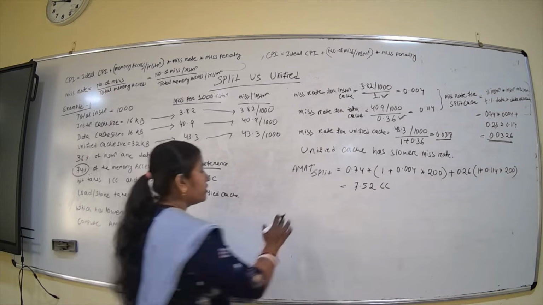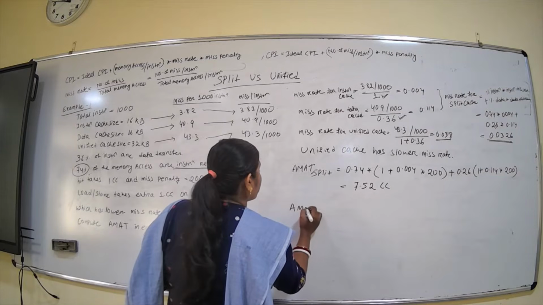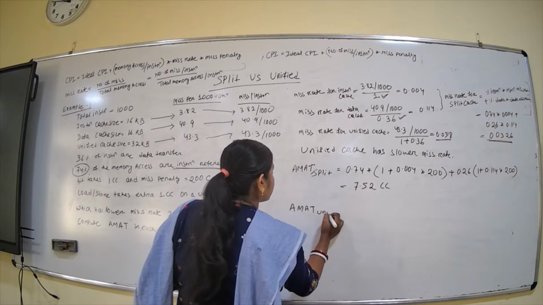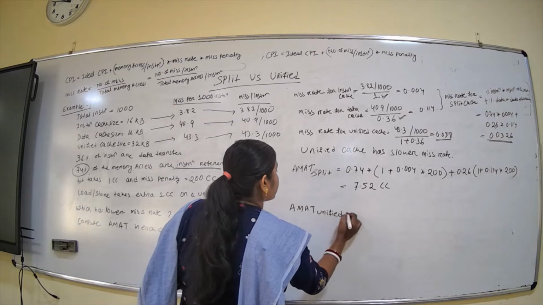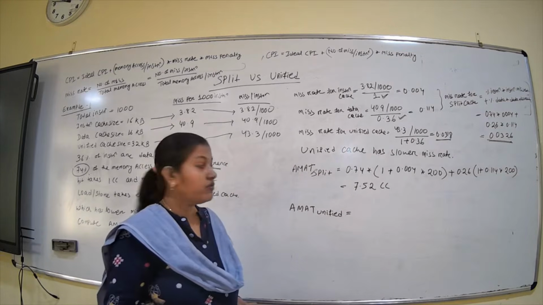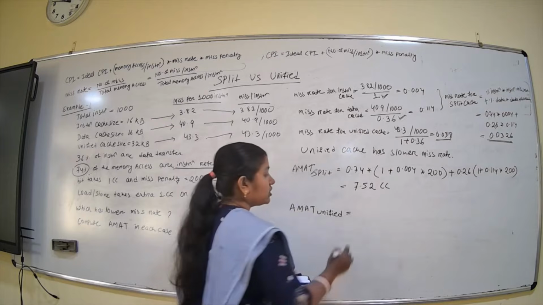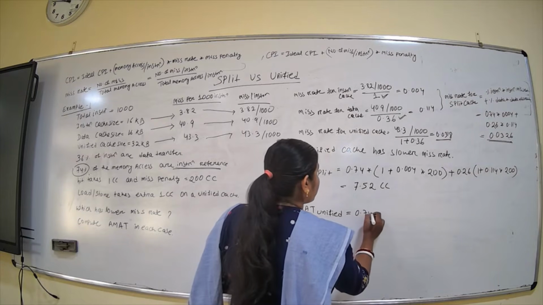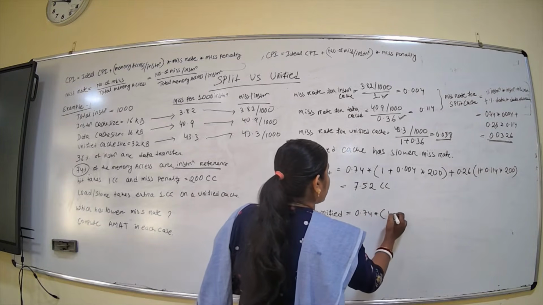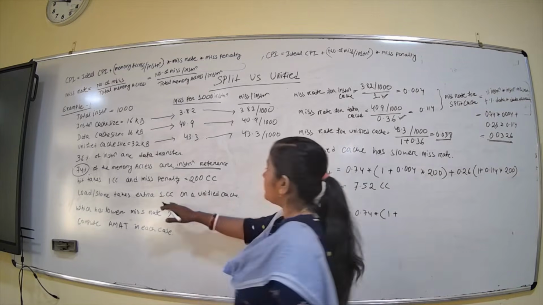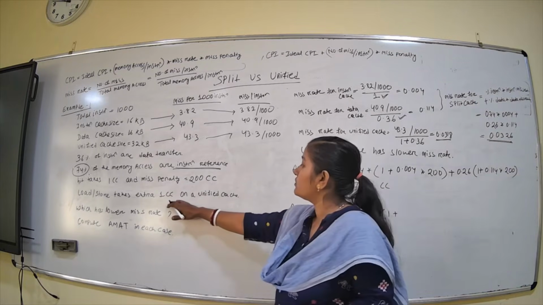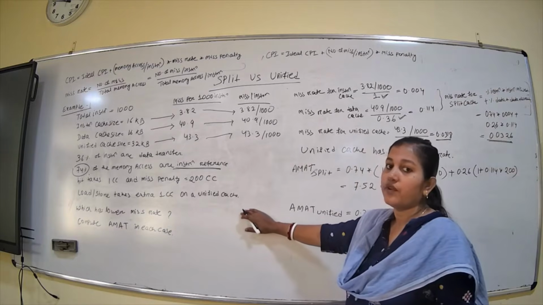Now let's see the average memory access time for the unified cache. For the unified cache, the percentage of instruction is 0.74 into cache hit time, which takes 1 clock cycle. One piece of information is given: load and store takes an extra 1 clock cycle on a unified cache.